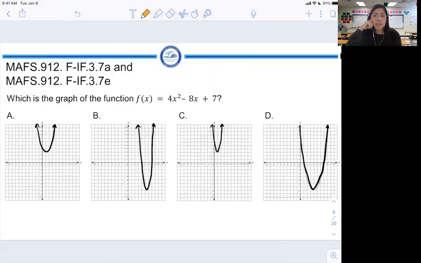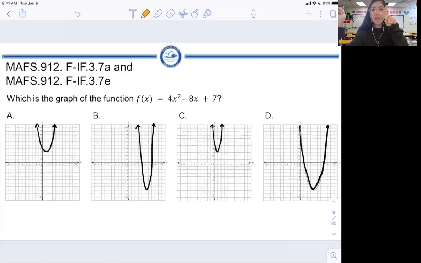Because you guys are not wrong. I could find the x-intercept, I could find the vertex, and that would help me out.